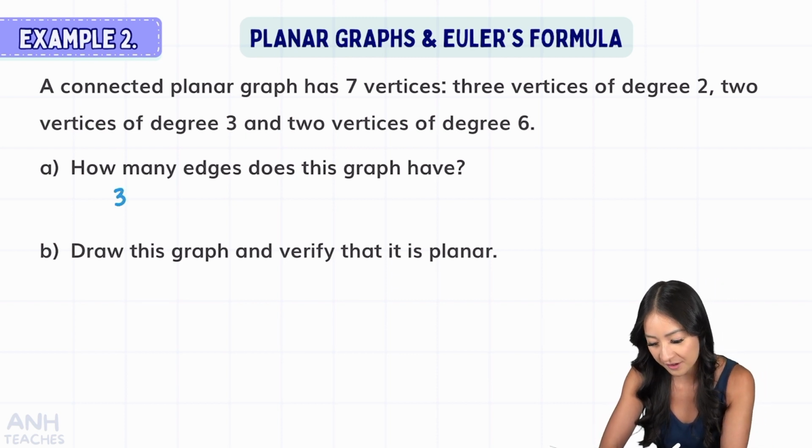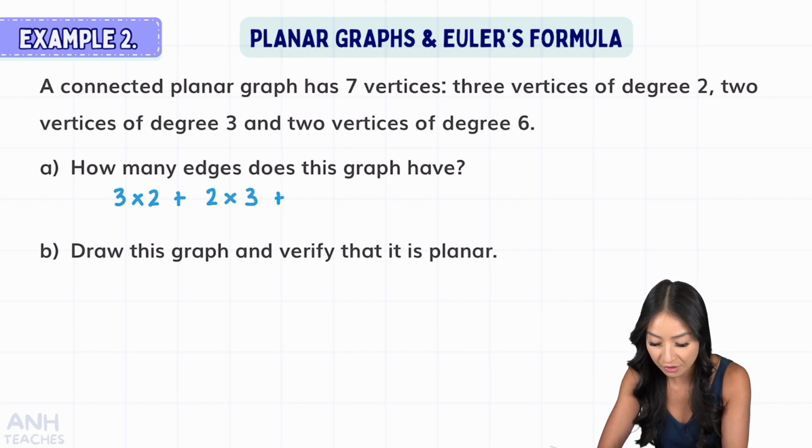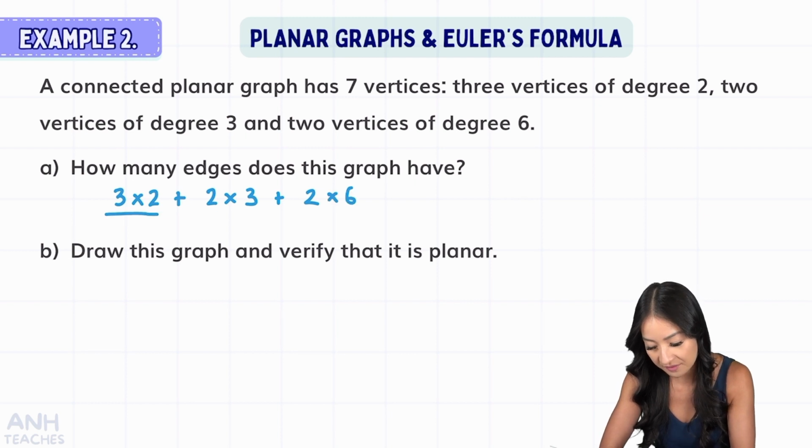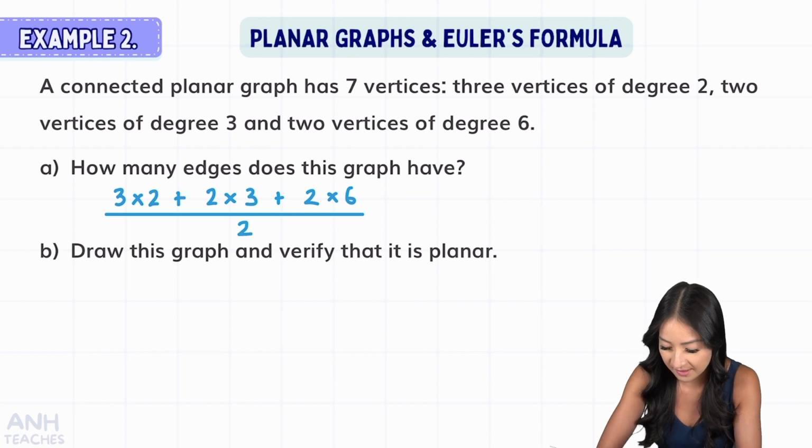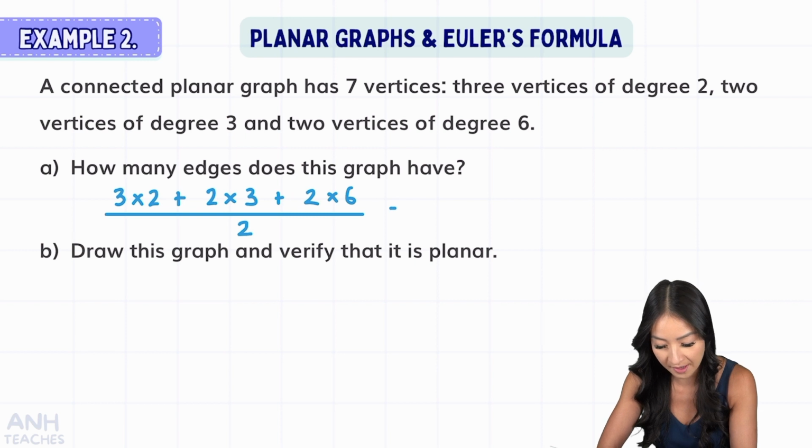I've got 3 vertices of degree 2 plus 2 vertices of degree 3 plus 2 times 6, and I'm going to divide all of that by 2. So I've got 6 plus 6 plus 12 is 24, divided by 2 is 12 edges.